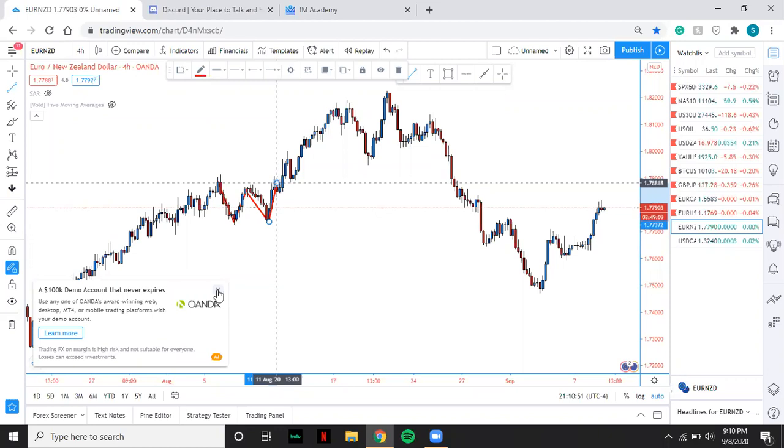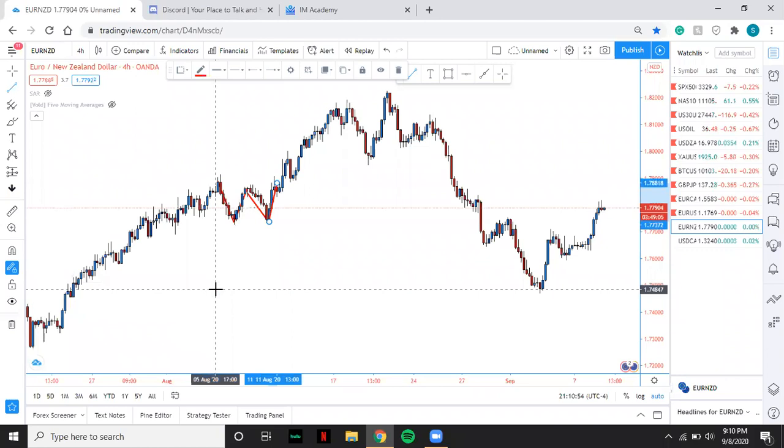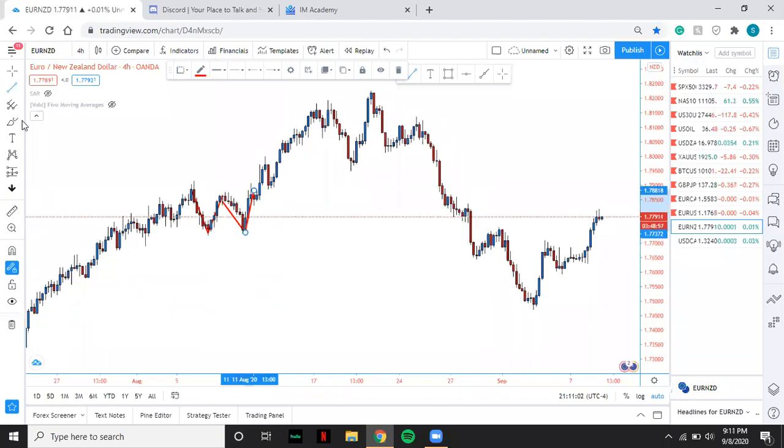So this W, like I said before, when you see a W, you're predicting that the market is going up for an uptrend. So what will you do? You will buy. You'll buy right here.